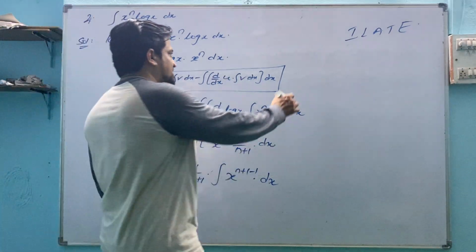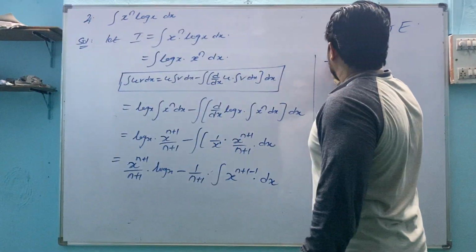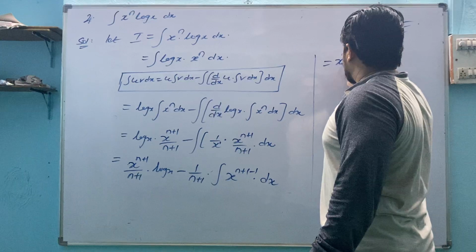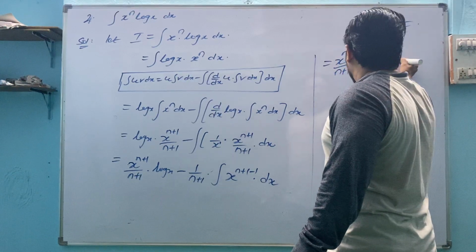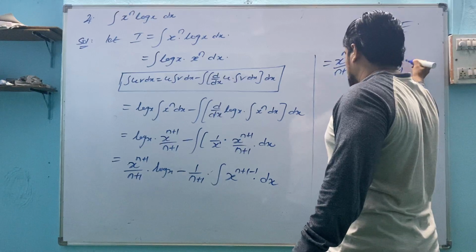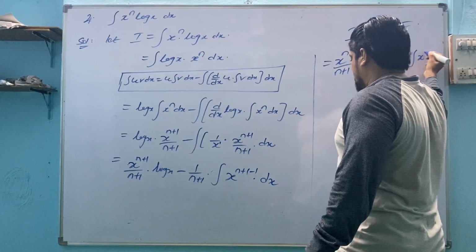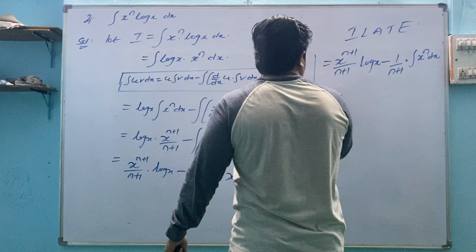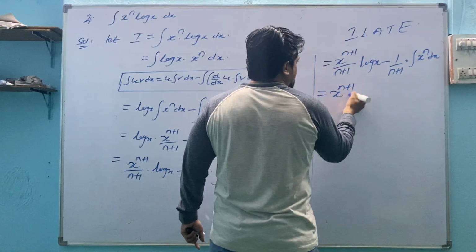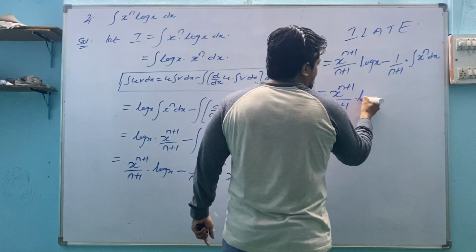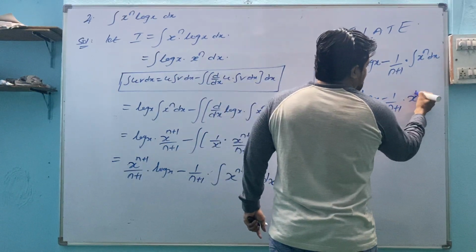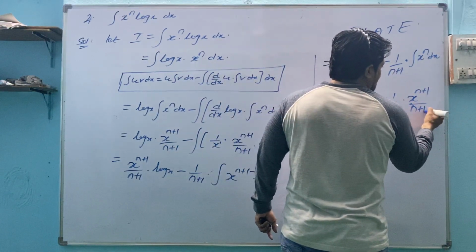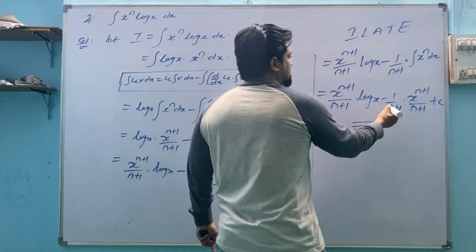Minus n plus cancelled. x power n plus 1 by n plus 1 into log x minus 1 by n plus 1 into integral x power n dx. Now we have x power n plus 1 by n plus 1 into log x minus 1 by n plus 1 into x power n plus 1 by n plus 1 plus c. This is the answer.